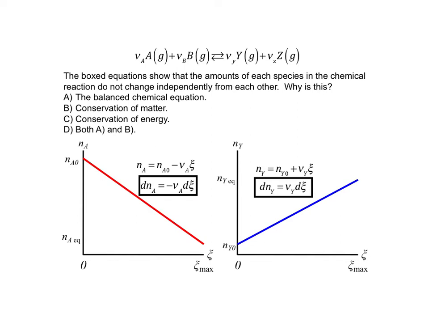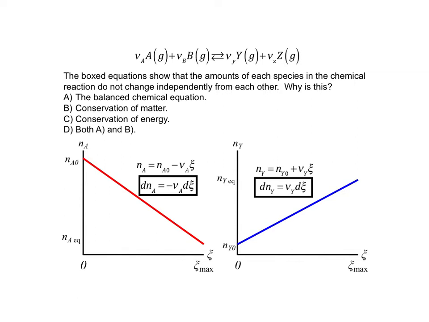Okay, so this is just a checkmark question. The boxed equations show the amount of species in the chemical reactions, and they show that they do not change independently from each other. And the question is, why is this?